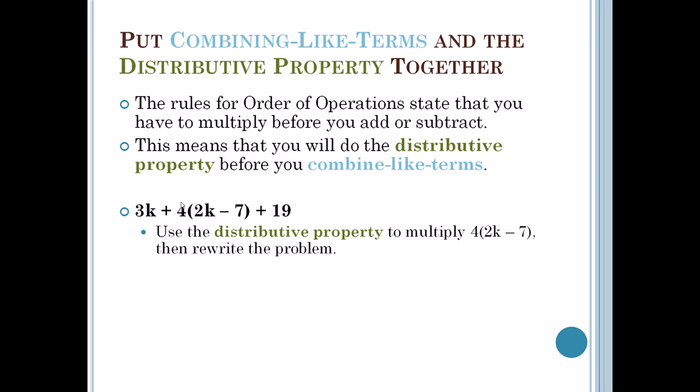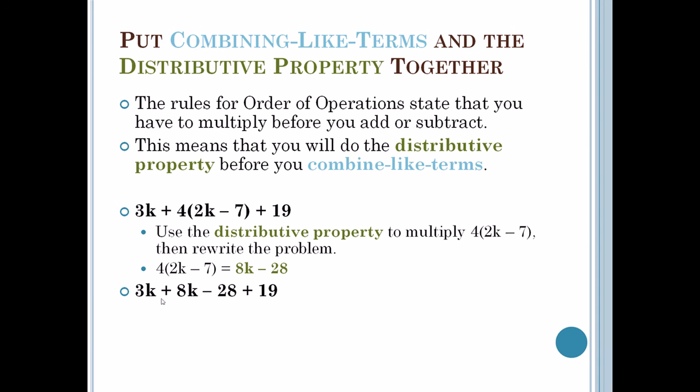So we're going to do 4 times 2k, which is 8k, and 4 times negative 7, which is negative 28. So we're just going to write that 8k minus 28 right back in the middle of the problem. We just rewrite it. The 3k didn't change, but now instead of writing this expression, I write 8k minus 28. The plus 19 didn't change, it's still there.